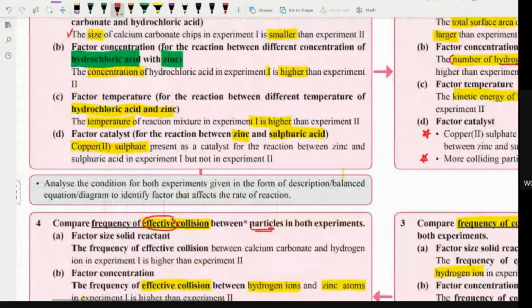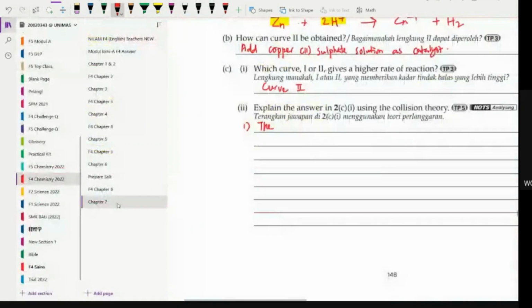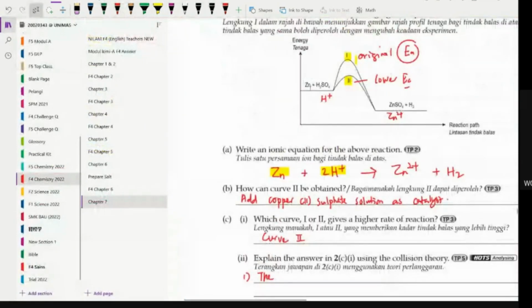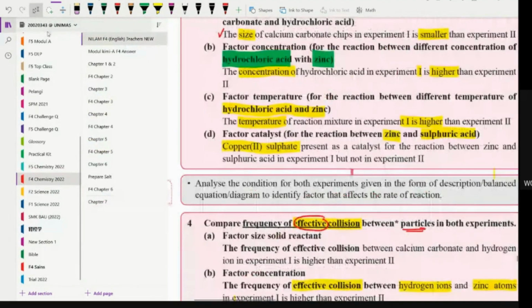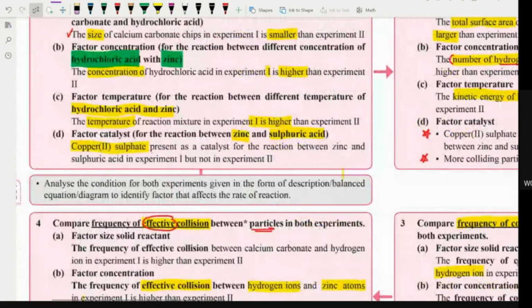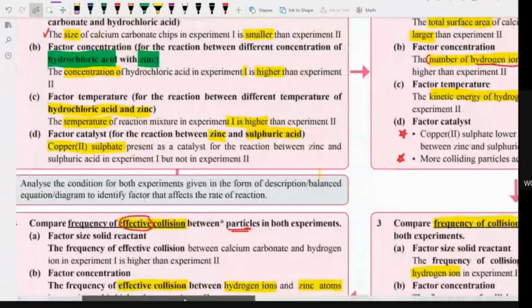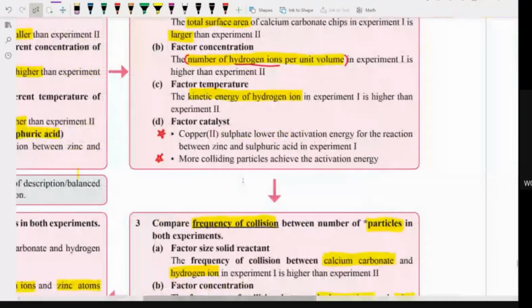Is it zinc and sulfuric acid, the same or not? Yes, zinc and sulfuric acid. So you can directly use these 4 points. Copper(II) sulfate is present as a catalyst for the reaction between zinc and sulfuric acid in curve 2, but not in curve 1. Copper(II) sulfate lowers the activation energy for the reaction between zinc and sulfuric acid in curve 2.